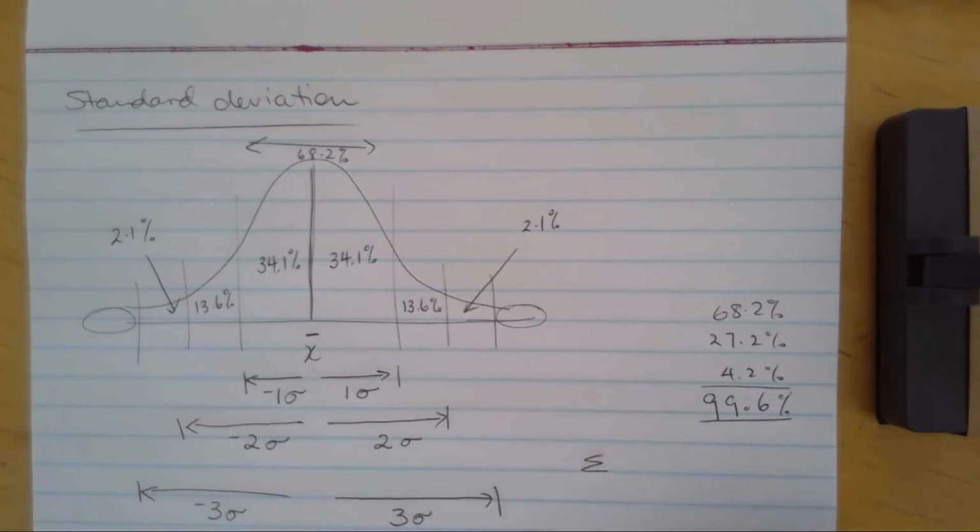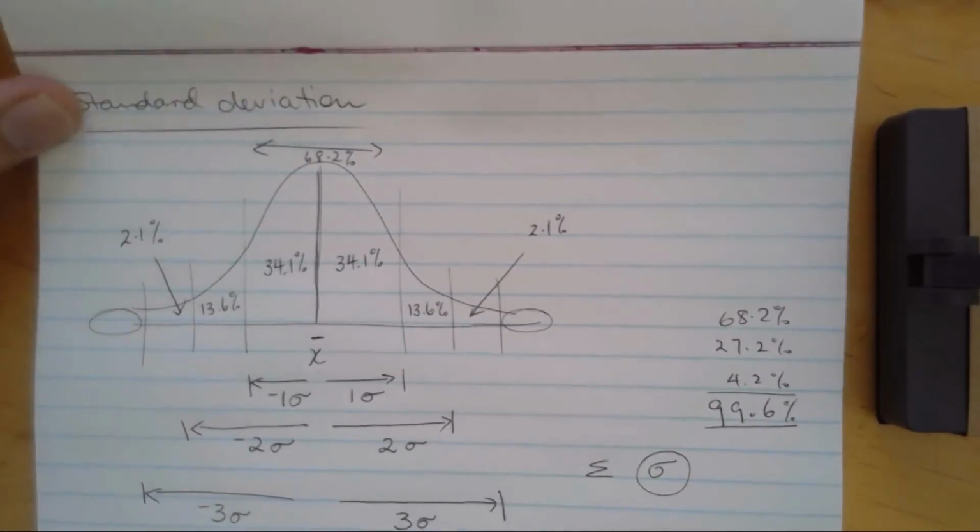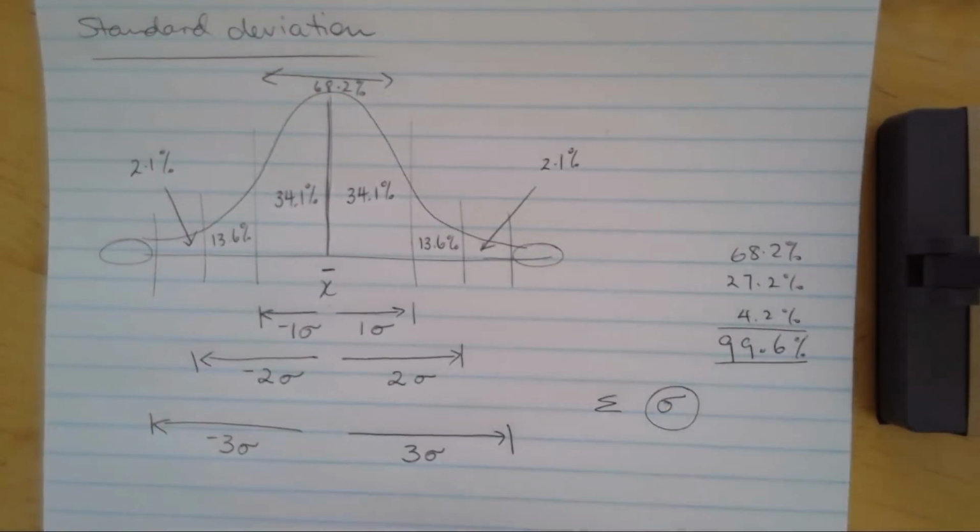We talked about sigma not long ago. This is the lowercase representation of it. So standard deviation is the lowercase sigma. So 1 standard deviation, 2 standard deviations, 3 standard deviations.